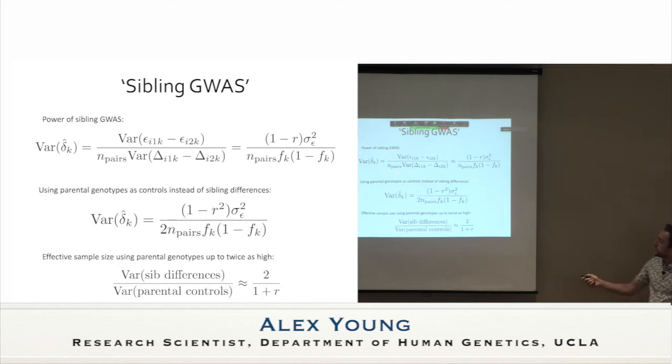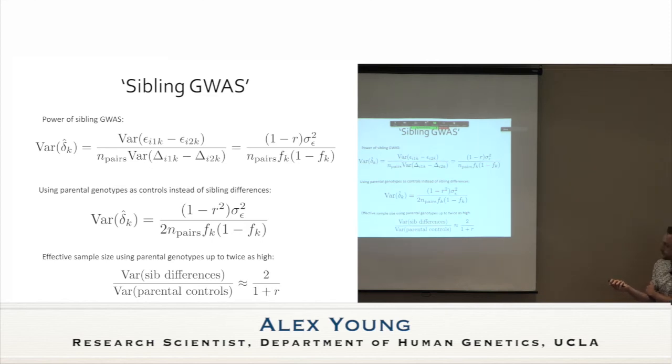But if you had this sample of sibling pairs, but you actually also had the parental genotypes, and you used the parental genotypes as controls instead of the sibling difference approach, this would be your variance for the estimate of the direct effects. And actually, the variance from the sibling difference approach is up to twice as large as the variance from using the parental genotypes. So in general, the parental genotypes are giving you a lot more power than sibling differences.